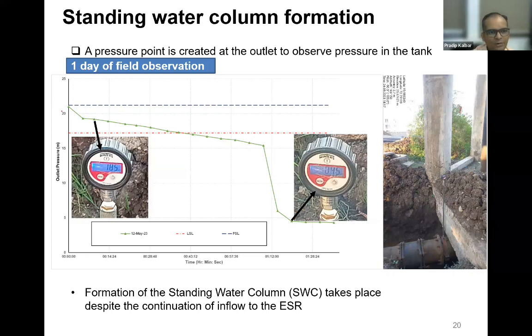The initial level is about 18-20 meters. At this point you can see the pressure gauge here, and after this point of time the water goes below the tank level. Tank level is marked here. So water goes below the tank level after 40 minutes, which is the confirmation of standing water column.